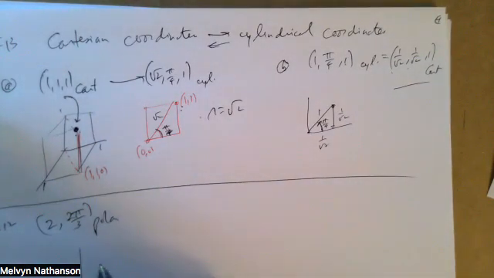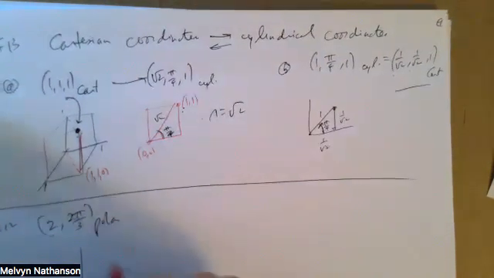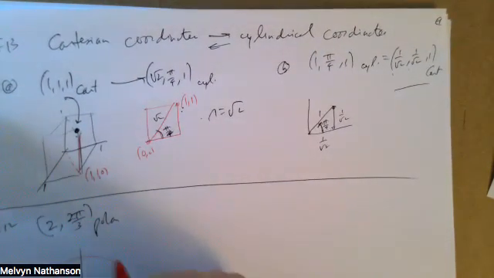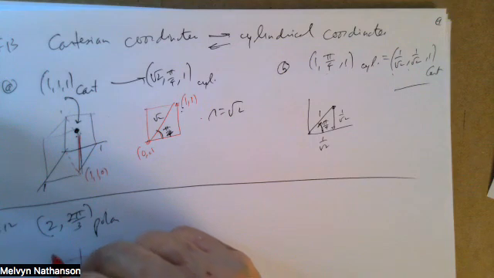It means, first of all, the distance to the origin is 2. So this point lies somewhere on the circle of radius 2, centered at the origin. And the ray to that point makes an angle of 2 pi over 3 with the positive x-axis.